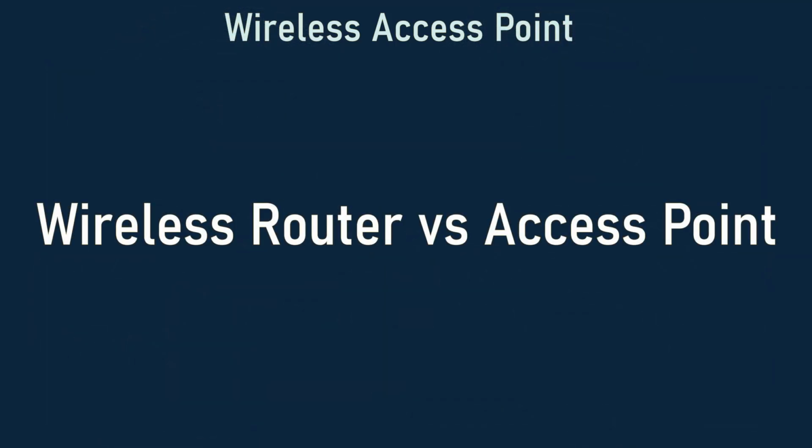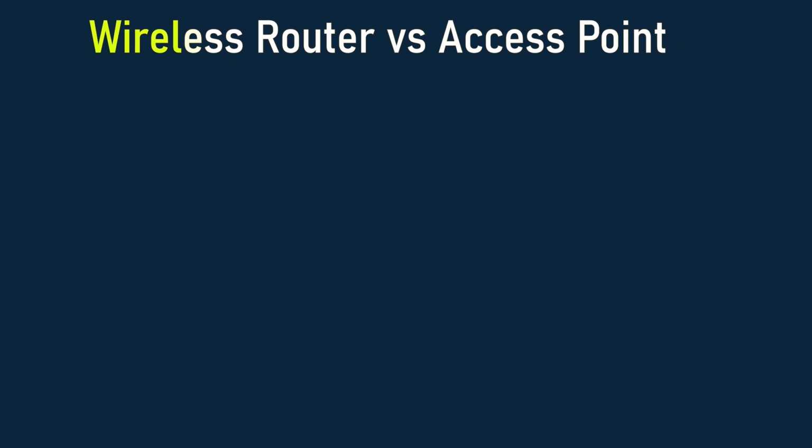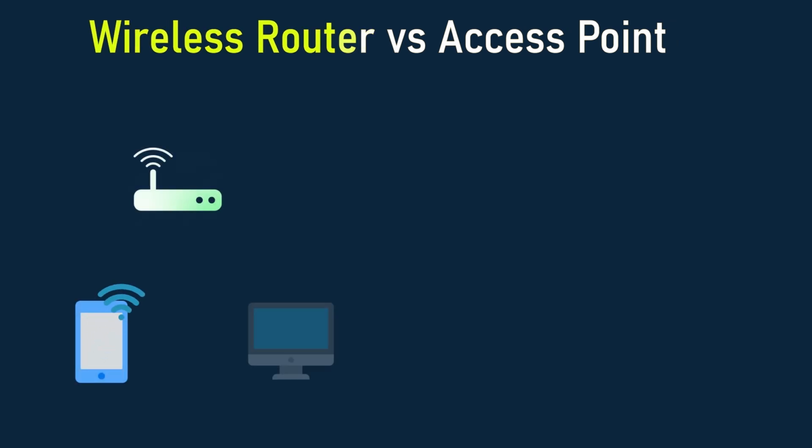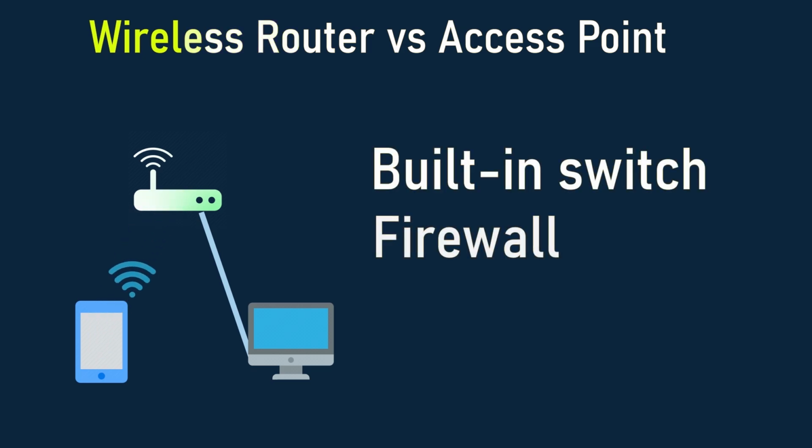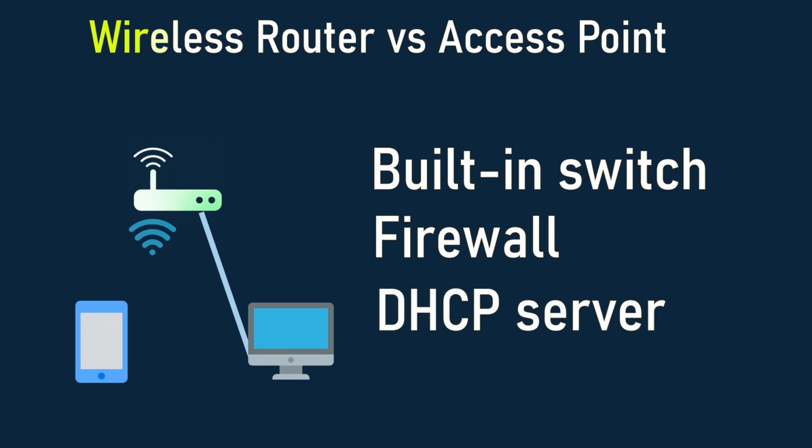Now let's talk about the difference between a wireless router and wireless access point. Wireless routers and wireless access points are two different devices with distinct capabilities. A wireless router can support both wired and wireless connections. Typically, a router has multiple features such as a built-in switch, firewall, DHCP server, etc. A router supports all these features.